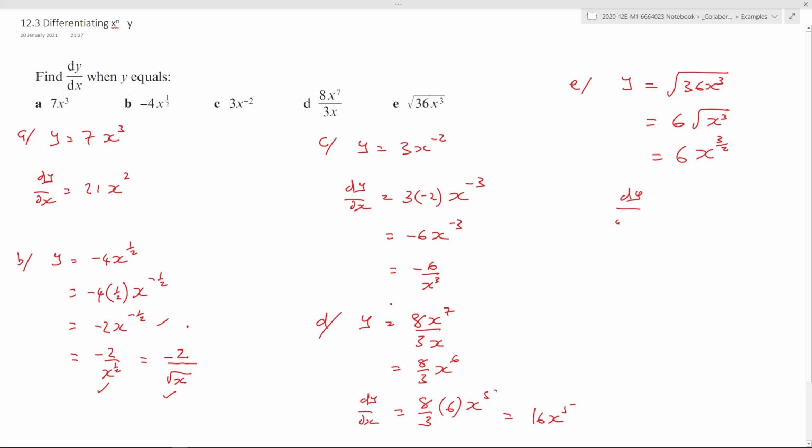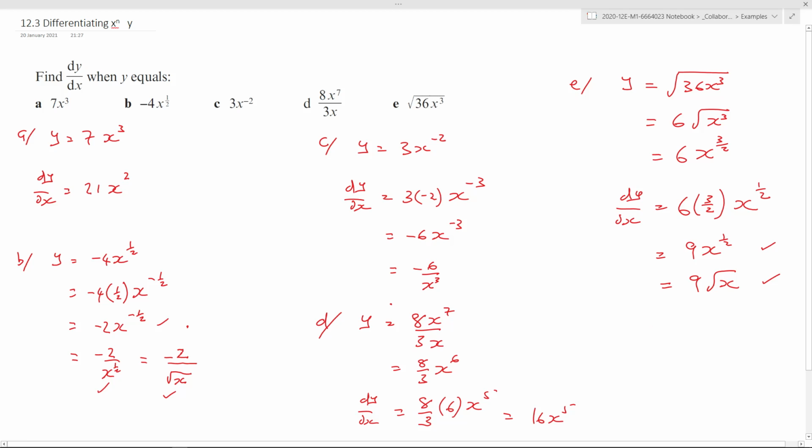Dy over dx is equal to 6 times the power, 3 over 2, and x to the power of 3 over 2 minus 1 is a half. So that leaves me with 2 goes into 6. 3 times 3 is 9, so it's 9x to the power of a half, which is the same thing as 9 root x. Perfectly happy with this solution, perfectly happy with that.